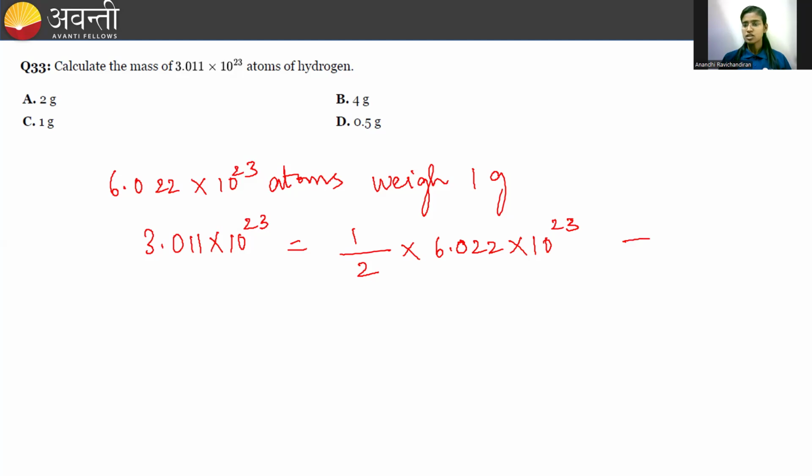Means the mass of the given atoms of hydrogen is equal to 0.5 gram. Okay. So half of 1 gram is 0.5 gram, right? So 0.5 gram is the answer for this question, and option D is the correct answer. Okay. Then coming to the next question.